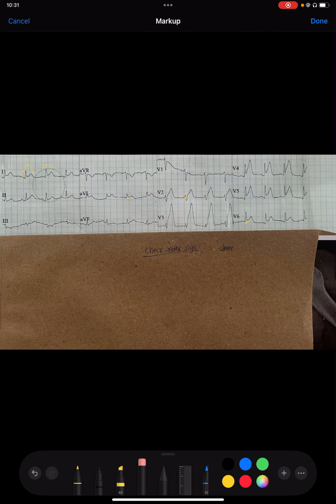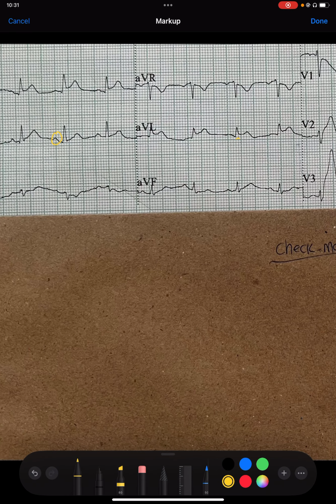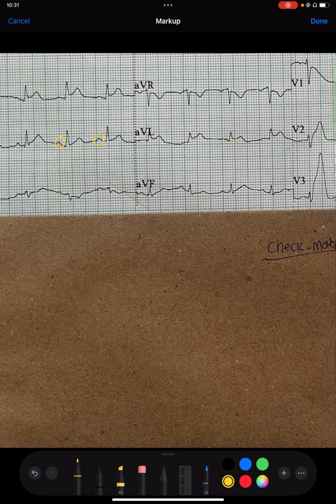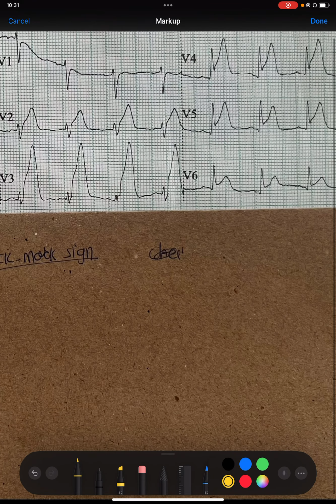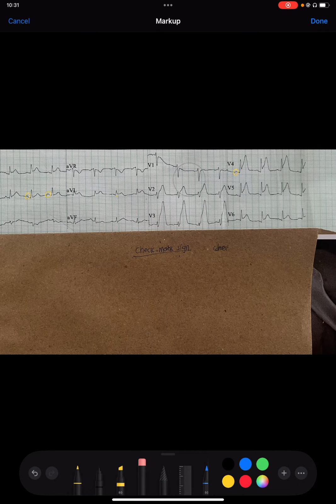And each and every QRS has a very well-seen P wave. It means this tall T wave is not of hyperkalemia. We can very nicely make out the P waves. So there is a narrow QRS, there is presence of P wave, so this tall T wave is not because of hyperkalemia.